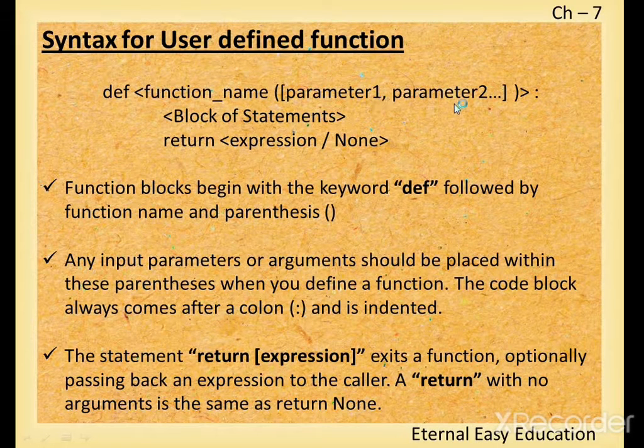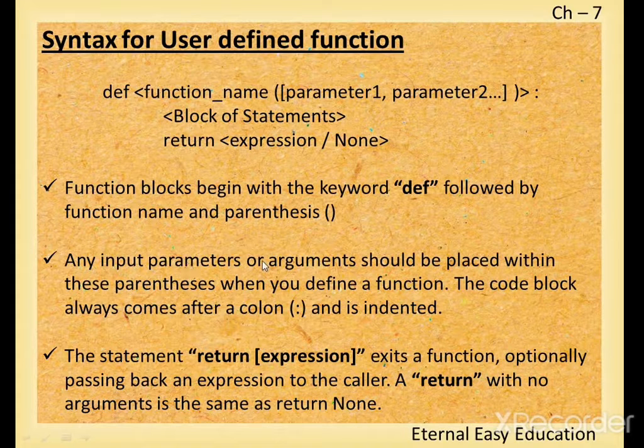Within the bracket, we have to say the parameters, the arguments, followed by a colon. Below that, we have to say the blocks of statements which is going to be executed by the function. The last line is the return statement.